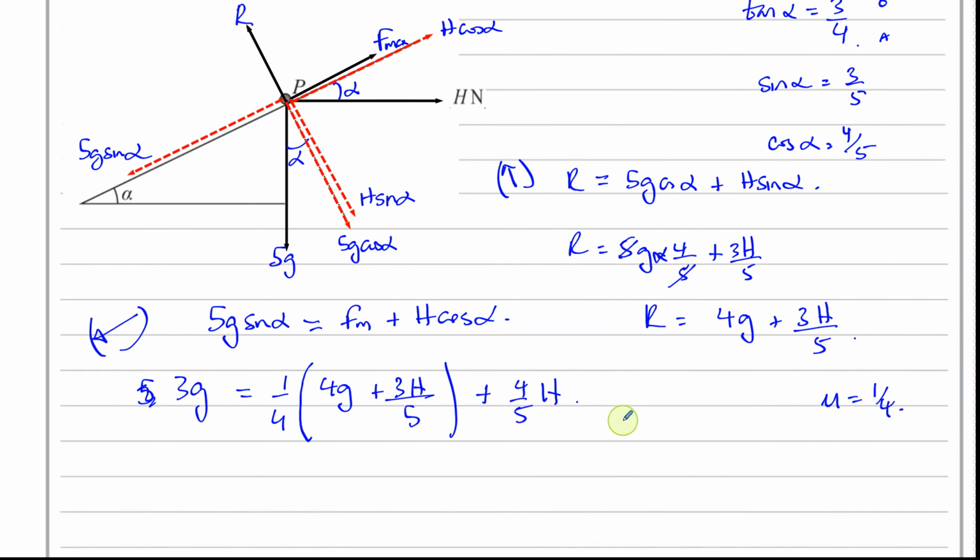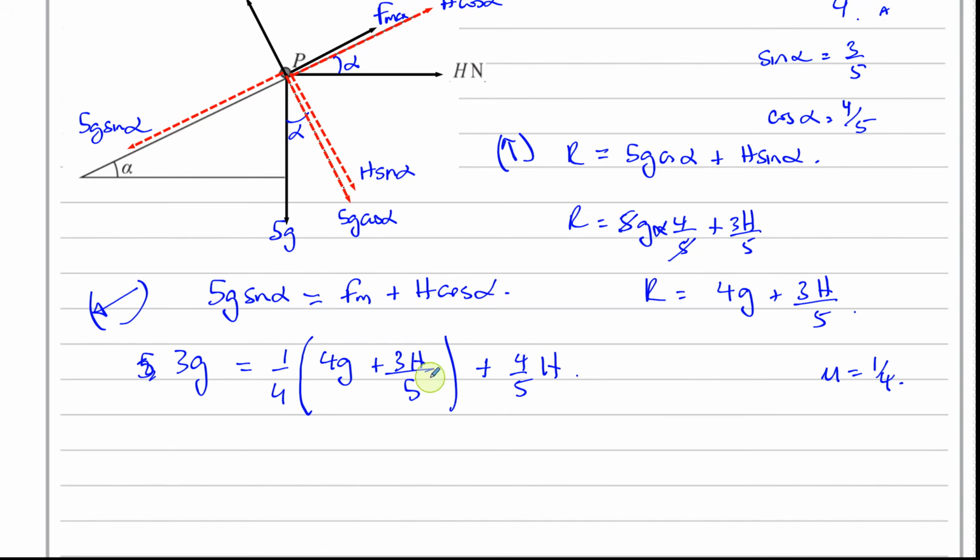So now we have everything that we need. We have basically h as the only unknown. So what we can do is say 3g is equal to a quarter times g, which is g, plus 3 over 20 h plus 4 over 5, which is the same as 16 over 20 h, just to get ready to add these together.